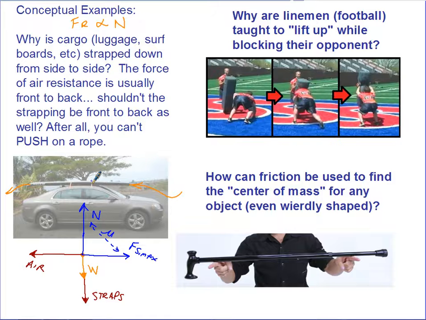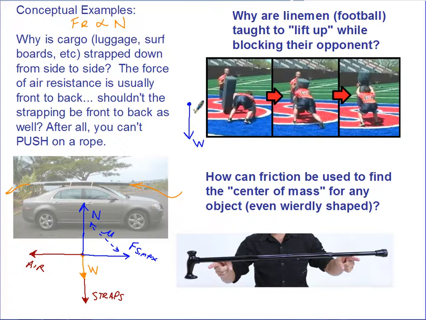Linemen are often told, for blocking, to go into the opponent and then lift up a little bit. What's happening there, the reason we have them do that, is that the weight of that opponent would have a typical normal force acting on them as well, which would be equal.